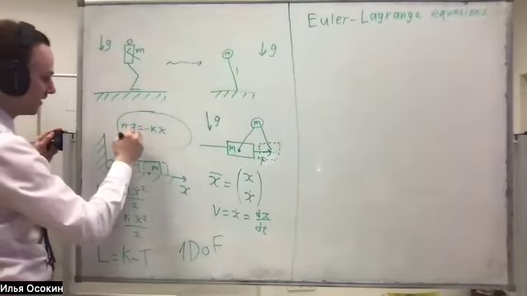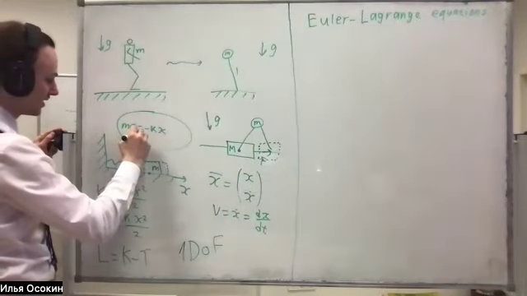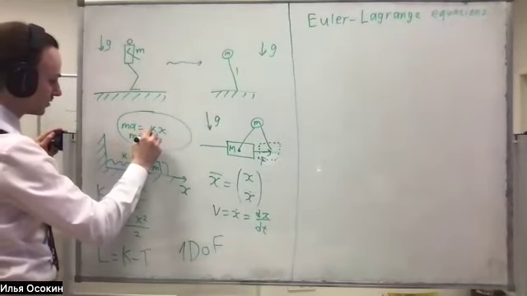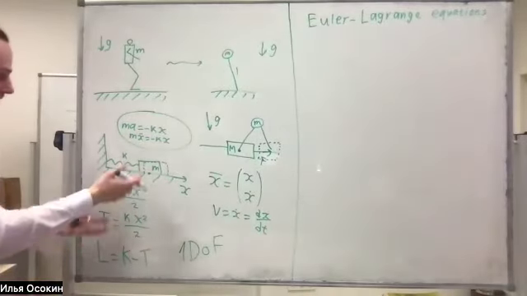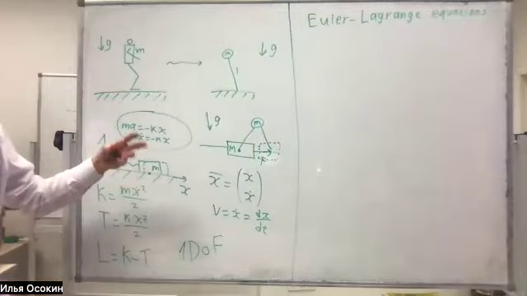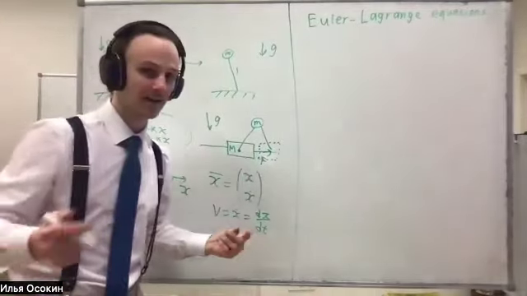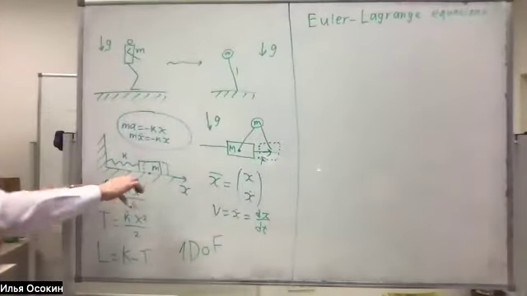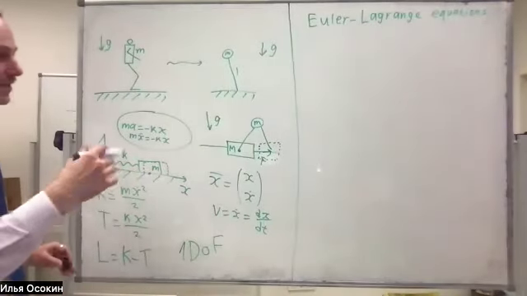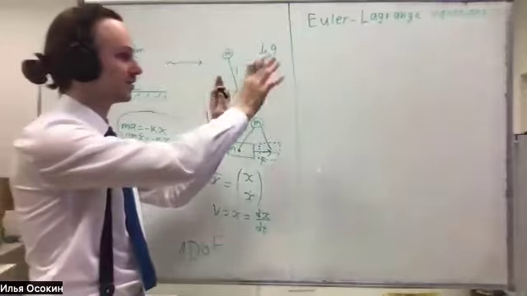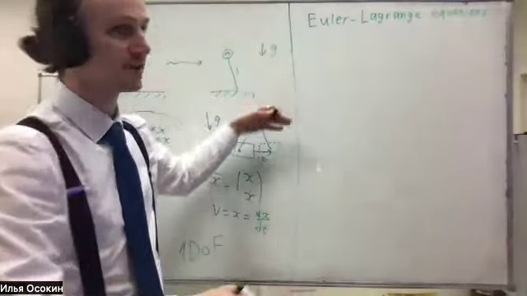Yeah, right. So it's the same as saying that M x double dot is equal to minus KX. But this is from observing the system, knowing the intuition of how the spring works, and so on. And we are going to use this simple system to get the intuition of how to use this apparatus to obtain the same result.